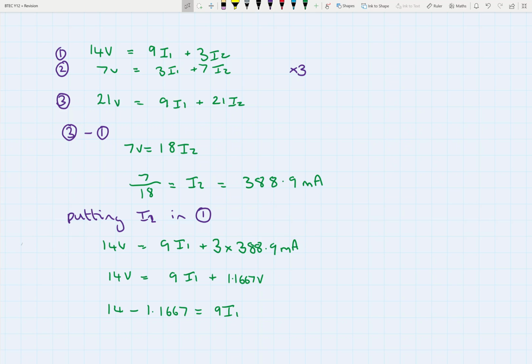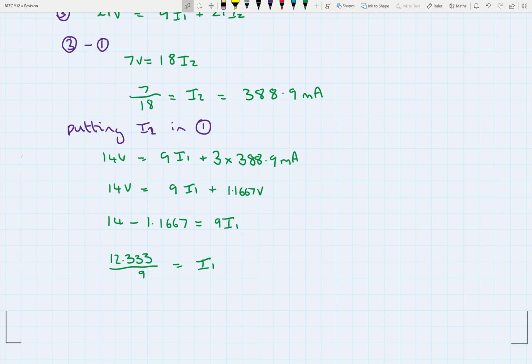Okay, and then a little bit more rearranging. So then divide that by 9, we're going to get I1. So I1 is equal to 1.37 amps. Okay, so that's what we've got there.